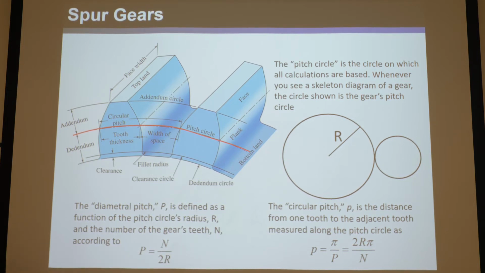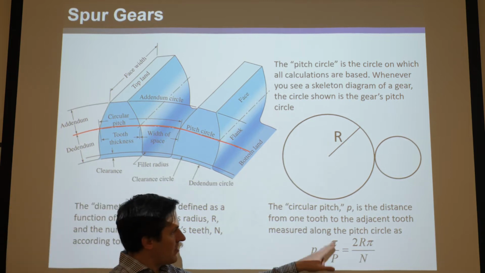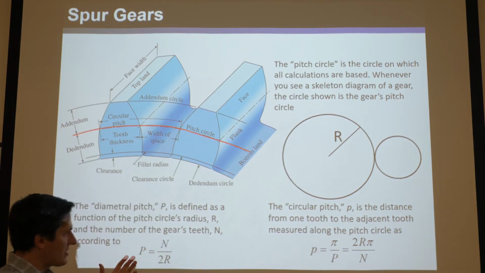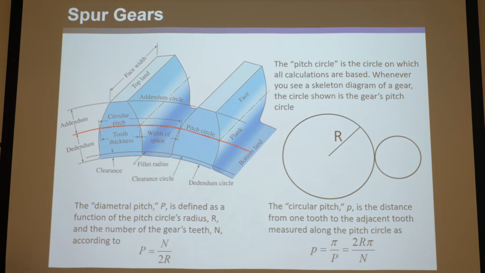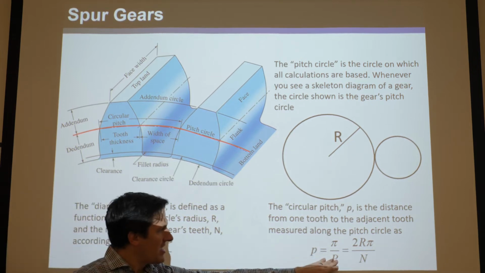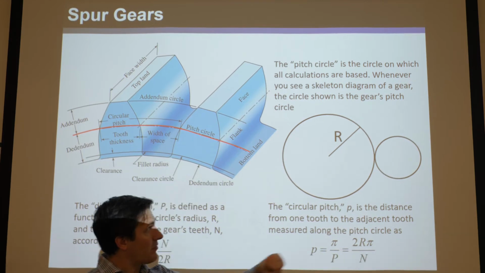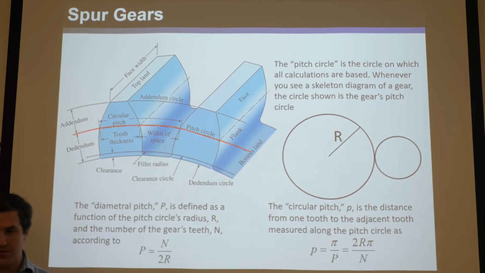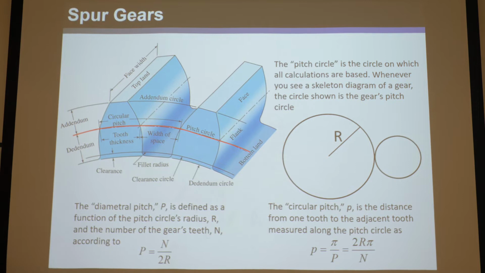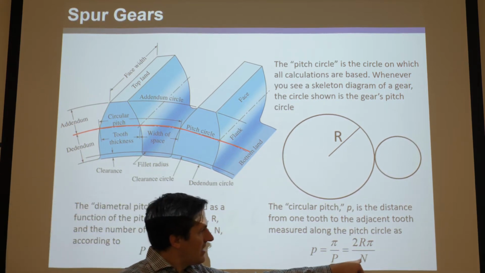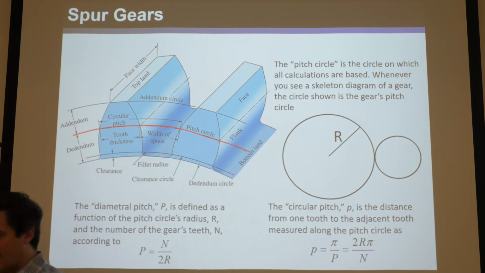It is a function of the diametral pitch, so it's pi divided by the diametral pitch. That's all it is. Okay, and that one does have physical meaning. So if you take pi and divide it by this, you end up getting 2r pi, which you might recall is the circumference of a circle, divided by the number of teeth on the gear.